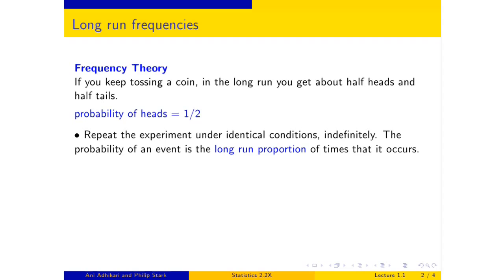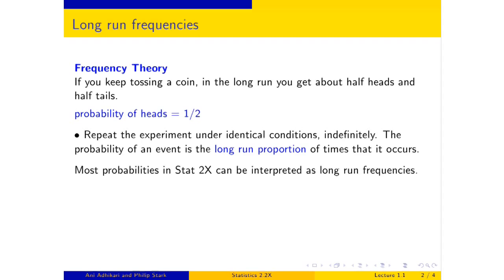I won't go into those details of philosophy as to which is the assumption and which is the conclusion. I'll say only that in Stat 2.2, the probabilities that you encounter will by and large be long-run frequencies, because we will be doing things like tossing coins or drawing individuals at random from populations, and you can imagine doing that over and over and over again.